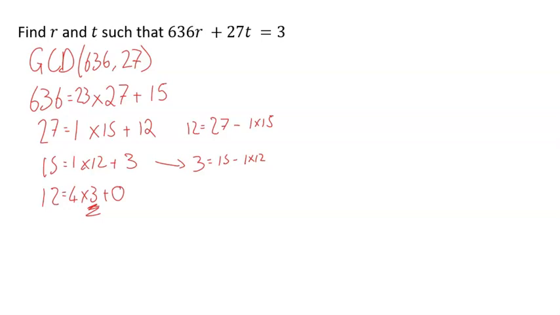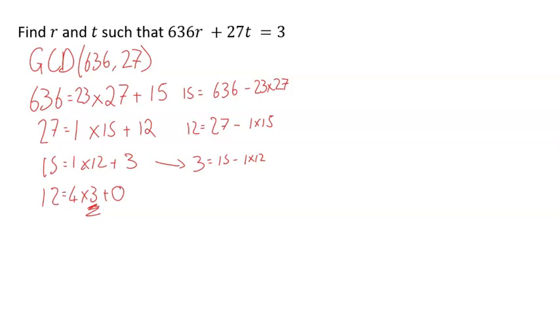I'm going to take the next line up and I'm going to rewrite that as 15 equals 636 take away 23 times 27. Now remember, we want this whole thing to involve just the 636 and the 27. So I'm going to have to use back substitution to get rid of anything else.